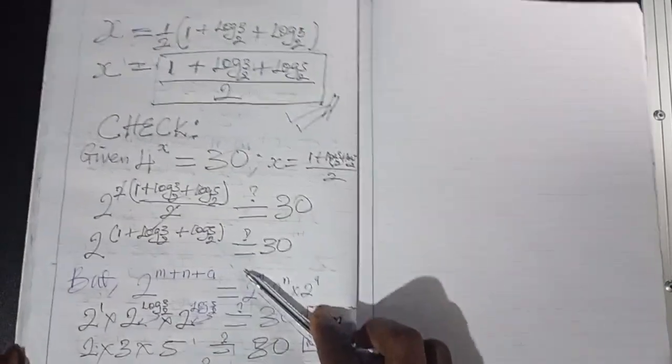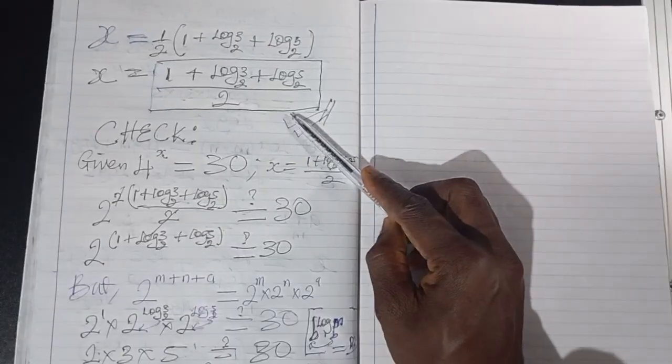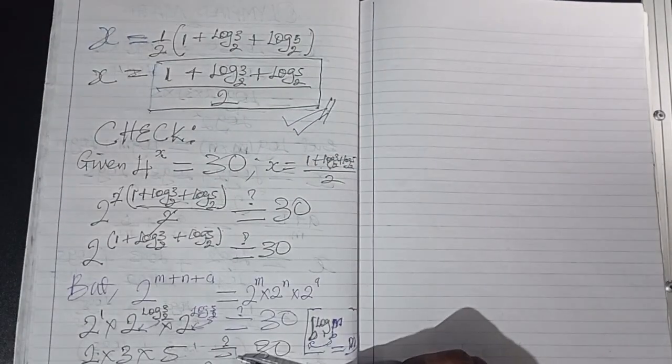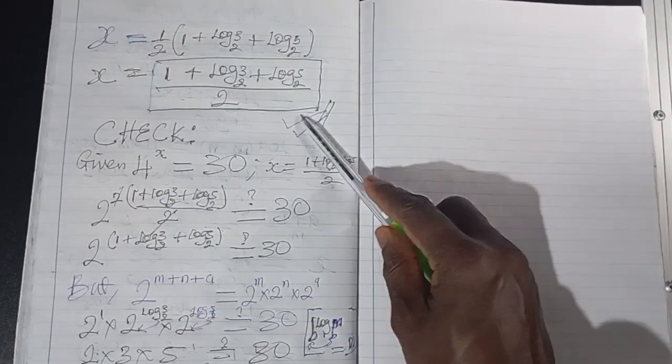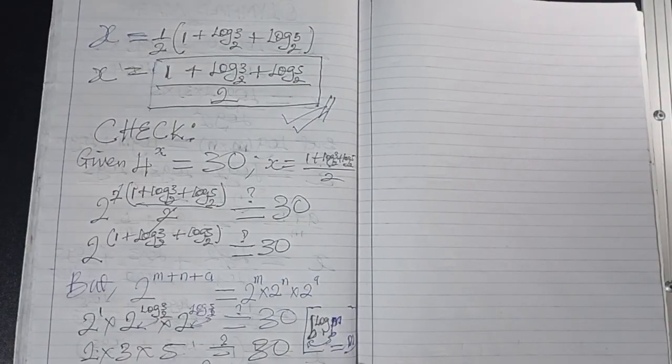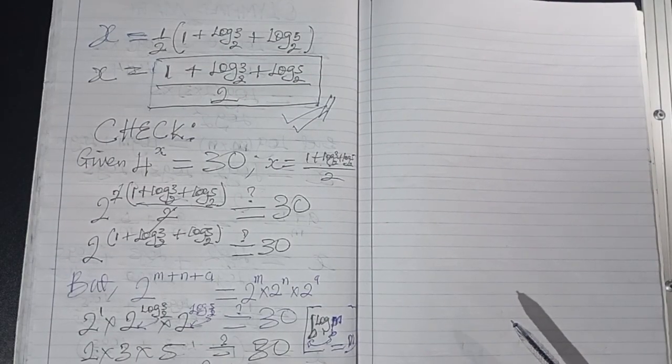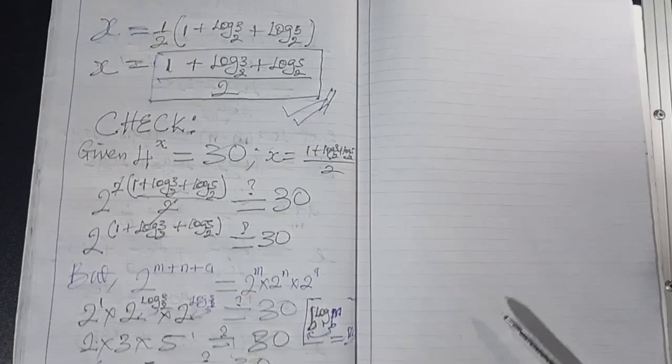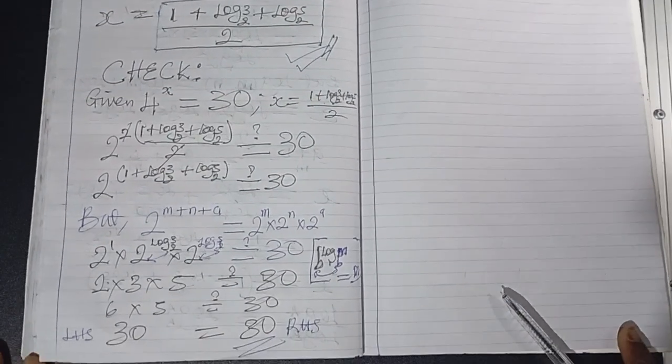Then we arrive at this as the final answer for x. We have checked and substituted the value of x and still derive 6 times 5, which is 30 for left hand side, which is equal to right hand side.